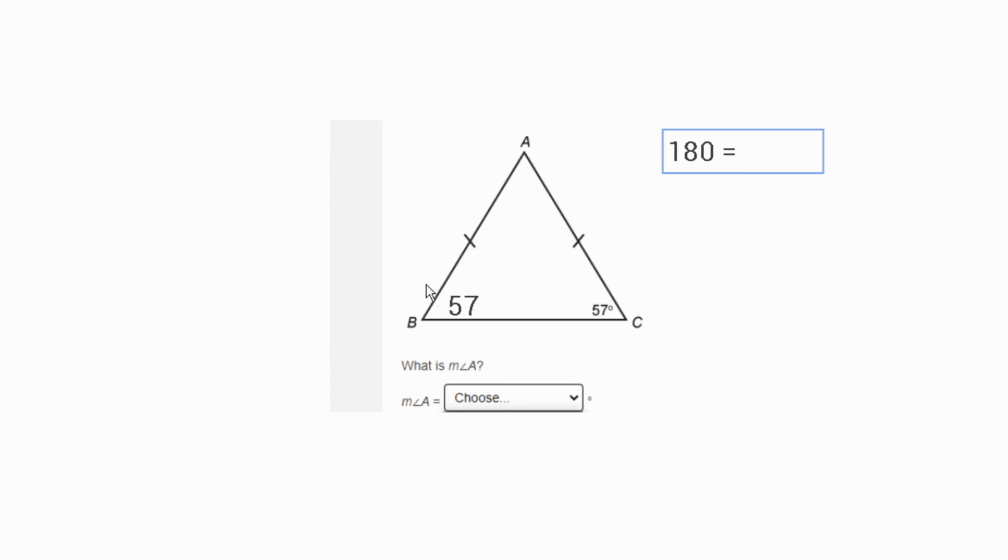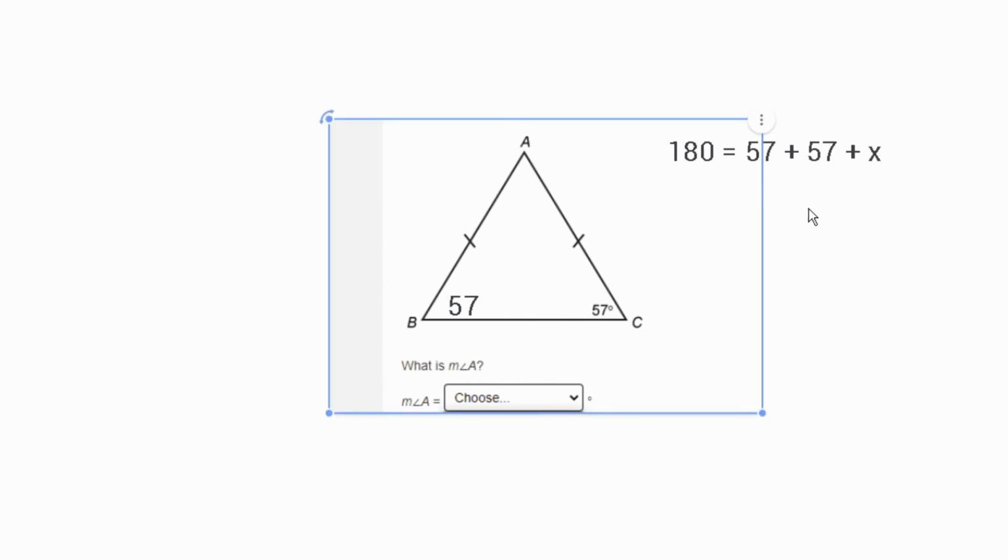So we know angle B is 57, and then you could subtract the other angle that you know, which is also 57. So we have this equation: 180 equals 57 plus 57 plus the other value.